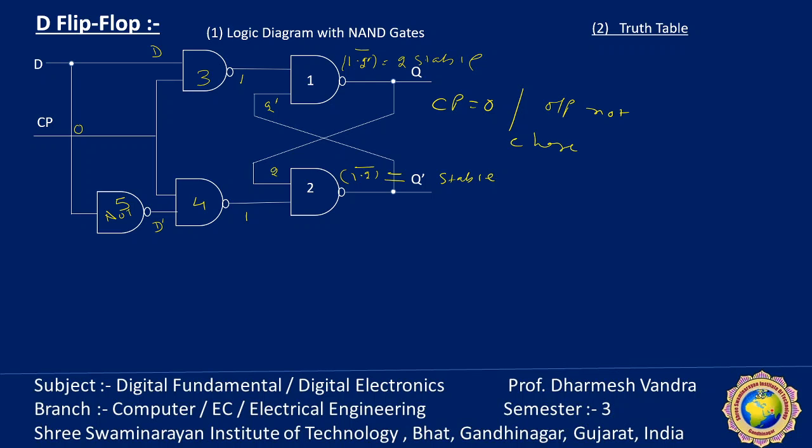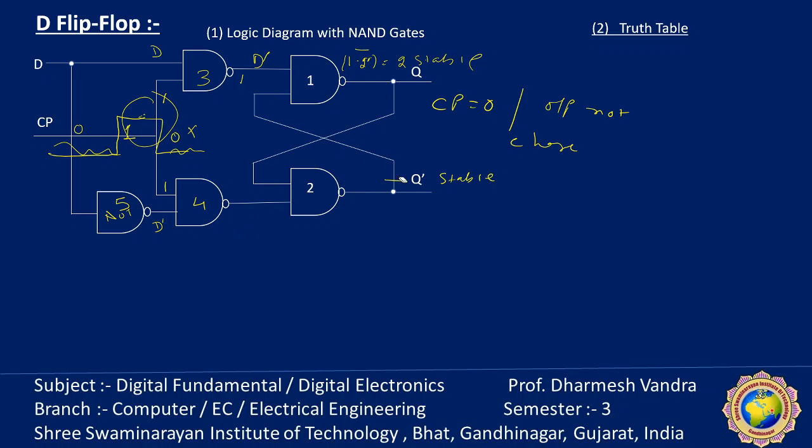Remember that whenever the clock pulse is 0, the output never changes. Only when the clock pulse goes to 1, at that time the output of gates number 3 and 4 depends on 1 and D dash, and 1 and D dash whole dash will become D. So now it depends on D. Only when the clock pulse is 1 will the output reflect the value of D. So let me first clear that.